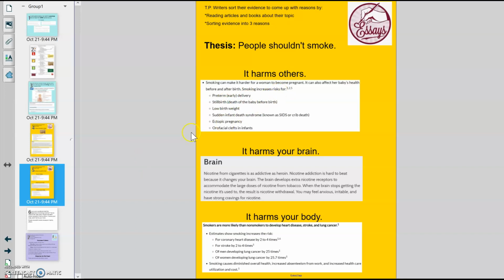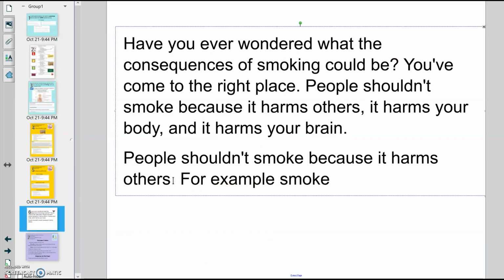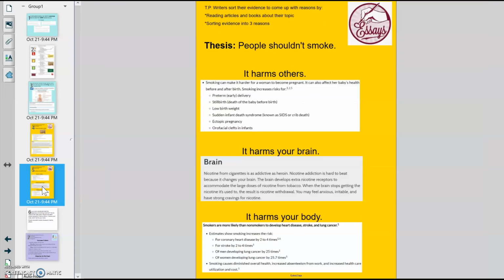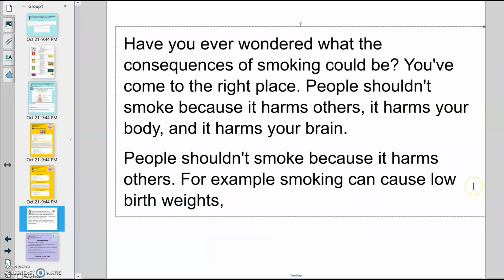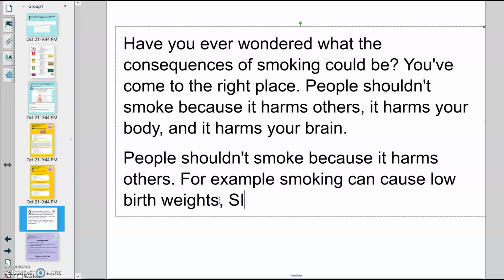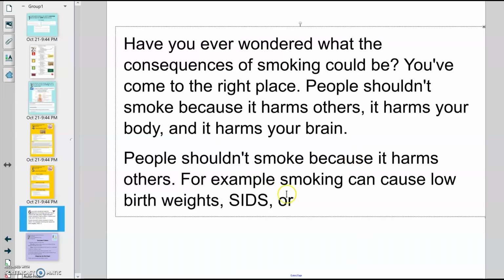Smoking can cause low birth weights, SIDS, or early delivery.